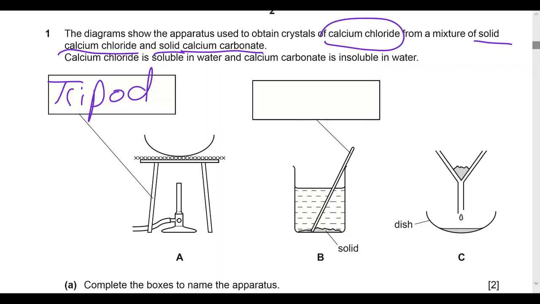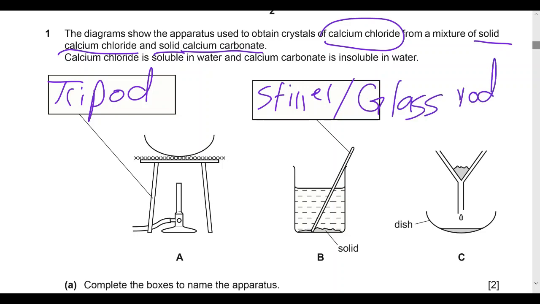In the second box, diagram B, you have this stirrer, stirrer rod, or you can say a glass rod or stirring rod, glass rod. Okay.